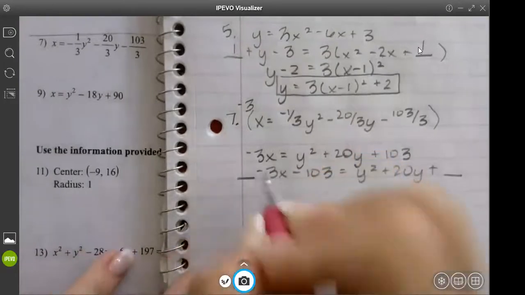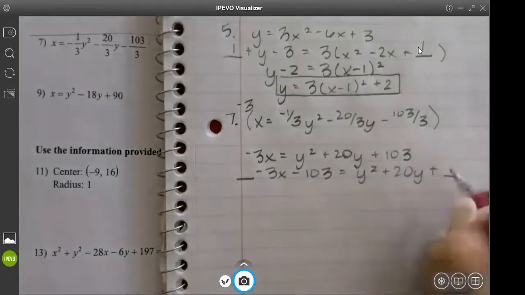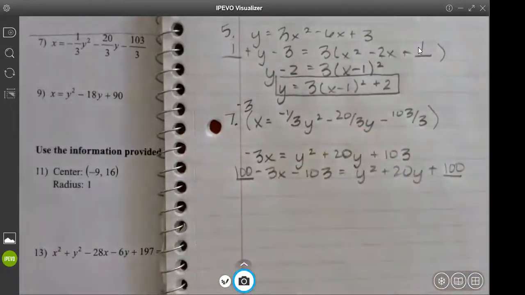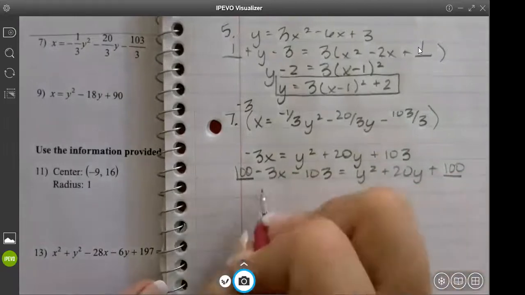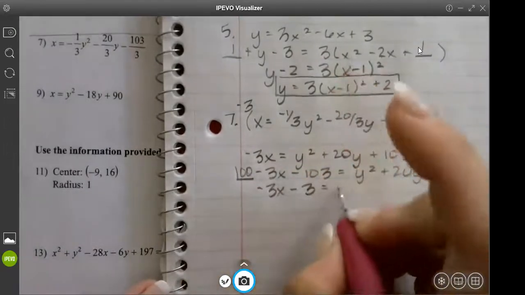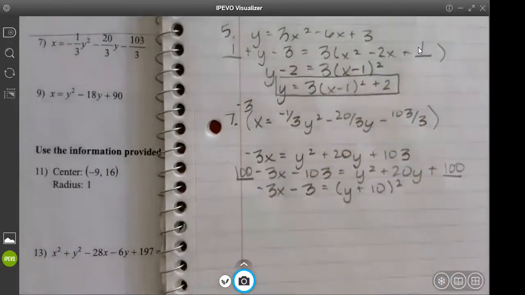Put in your blanks. And again, tell me if I need to slow down. I just feel like we've been doing this for days and days and days, so you probably have it by now. 20 divided by 2 is 10. Squared is 100. Goes in both blanks. And then we're going to clean it up. Negative 3x minus 3 equals y plus 10 squared.